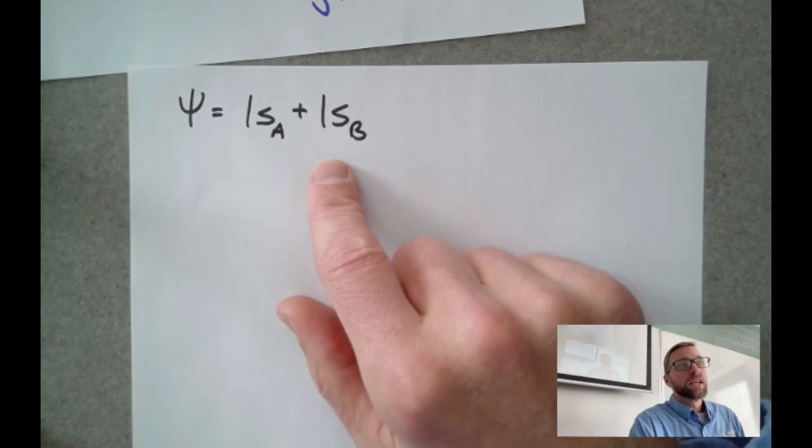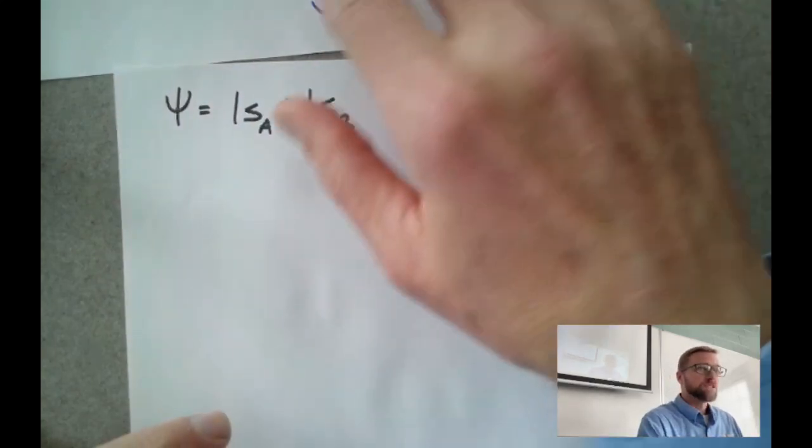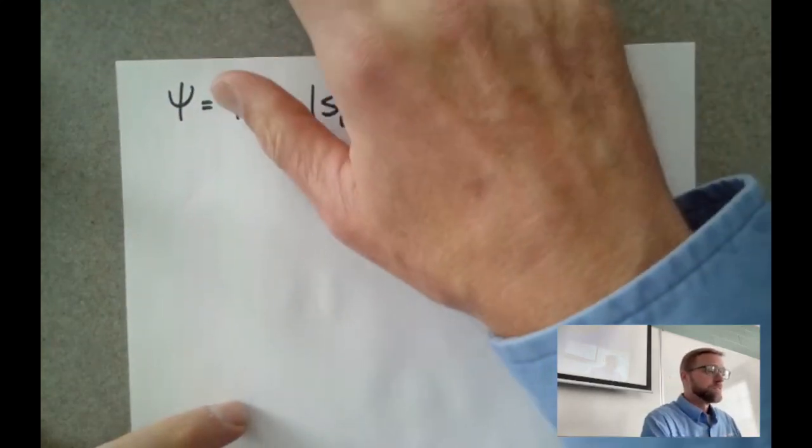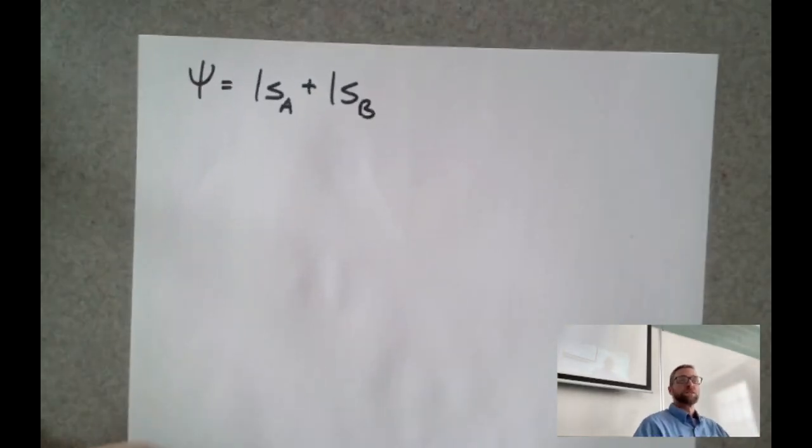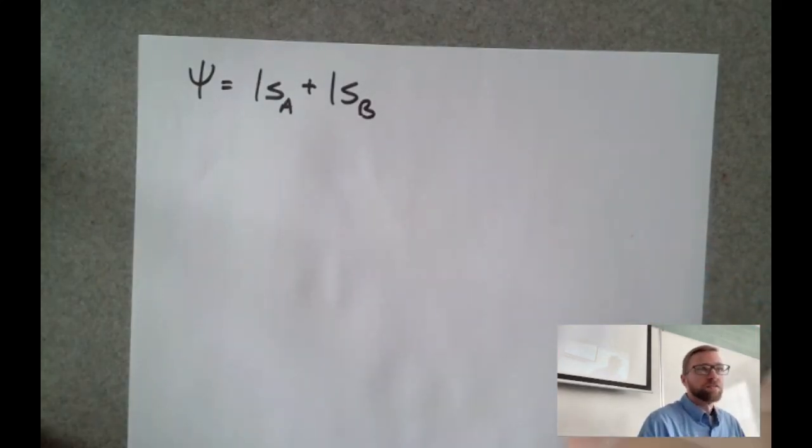That's as far into the weeds as we want to get. It might not be satisfying, but you're welcome to do whatever reading you want outside of class. I tried. I failed. Okay, so this is our wave function.